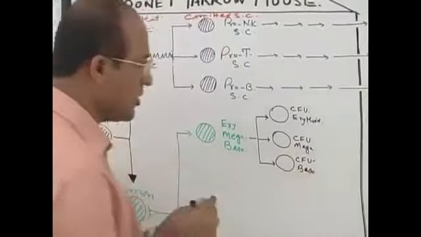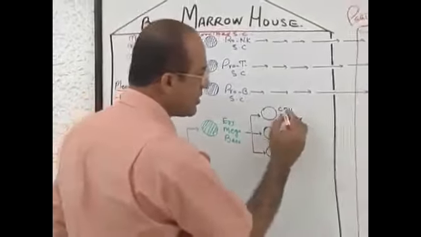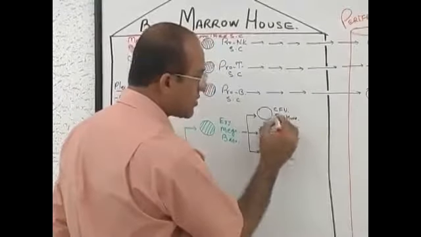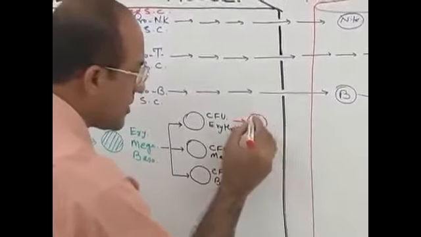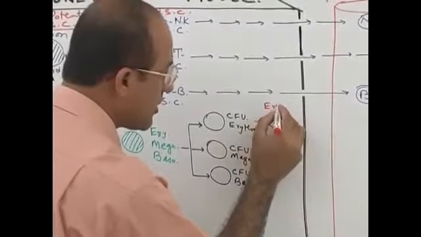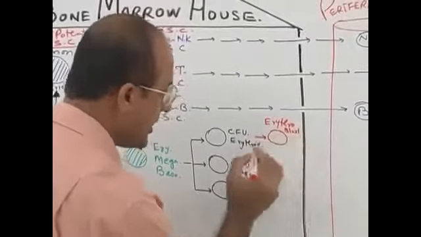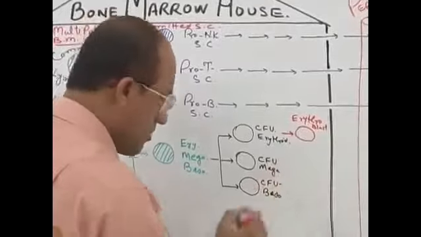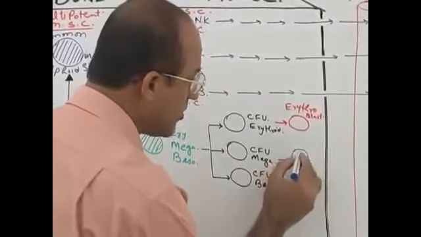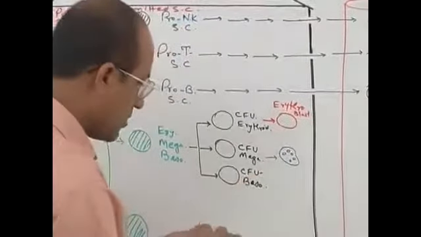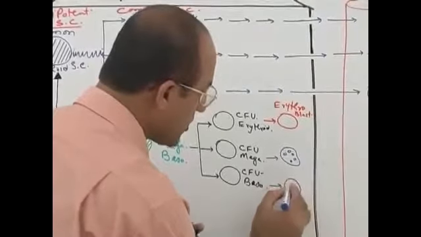Later on in detail we'll discuss, especially when we talk about erythropoiesis, that this erythroid colony forming unit will convert into erythroblast. And this will convert into megakaryoblast. And this colony forming unit will convert into a blast cell which will produce basophils.